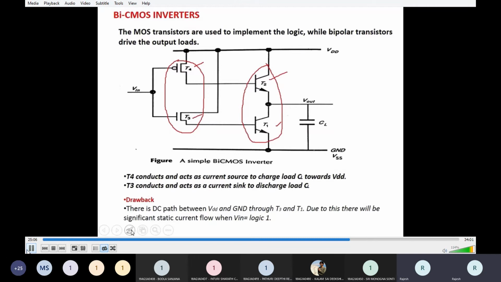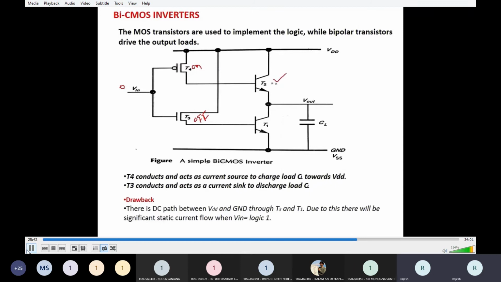Now we will see how it can work as an inverter. For logic 0, for low input, this is PMOS, PMOS becomes on, this is NMOS, NMOS becomes off. When it is on, VDD is passing through this transistor, current passes through this transistor T4.